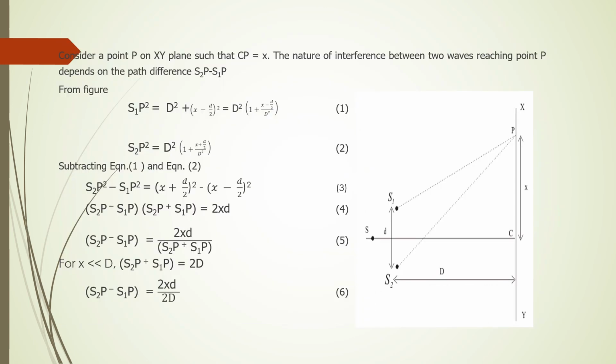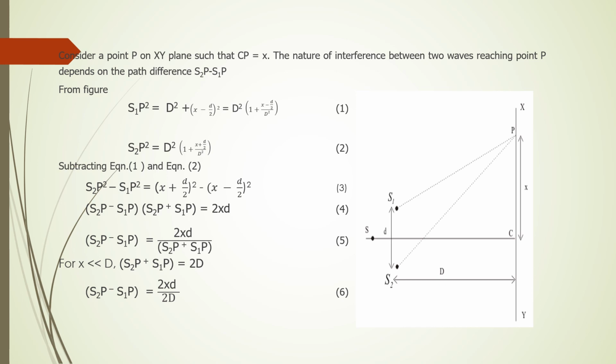Here we will now look into the derivation of Young's double slit experiment. Consider the screen XY, where the point P is given by the value x. The interference between the waves reaching the point depends on the path difference S2P and S1P.